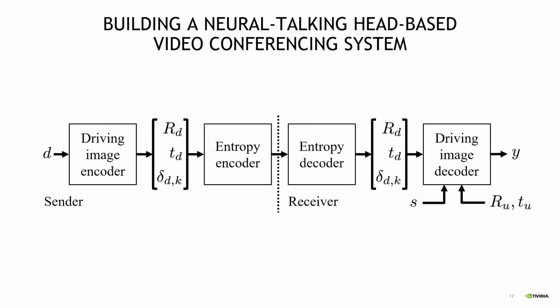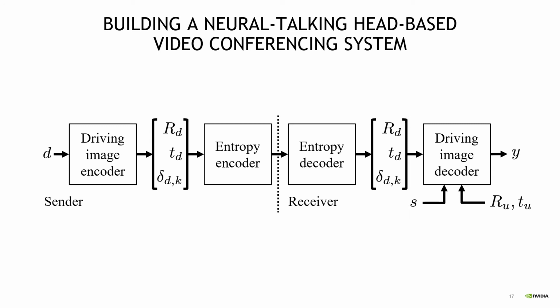Now let's illustrate how we can build a video conferencing system using the proposed algorithm. Recall that in video compression algorithms, there's an I-frame, which is compressed using the regular image compression mechanism, and a P-frame, which is based on residual encoding and motion estimation.